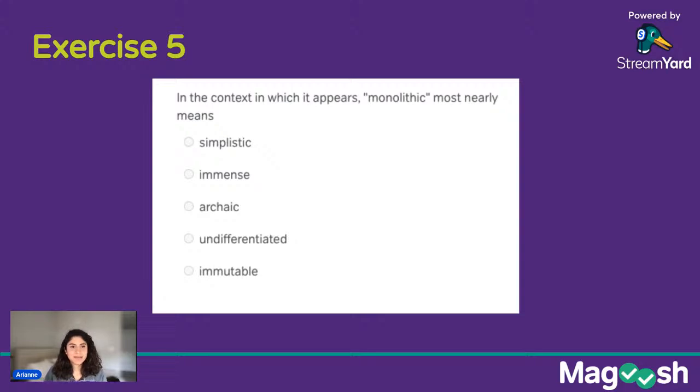We have simplistic. Actually, let me ask if anyone is here actively participating. What did you guess? What did you choose for this answer choice?